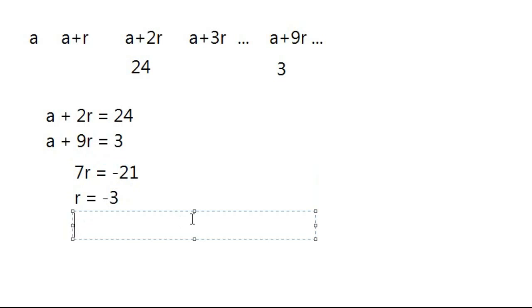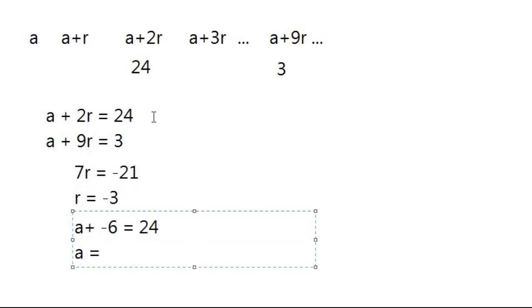And then comes a. What is a? We use this part, 24 is equal to a plus 2r, so a plus 2 times negative 3, which is negative 6, is equal to 24, and therefore a will be equal to 30. So that is our a and our r.